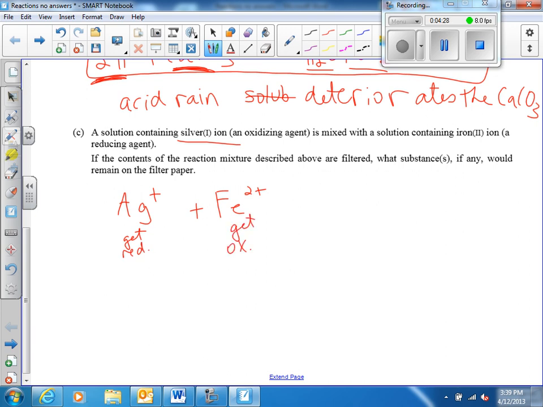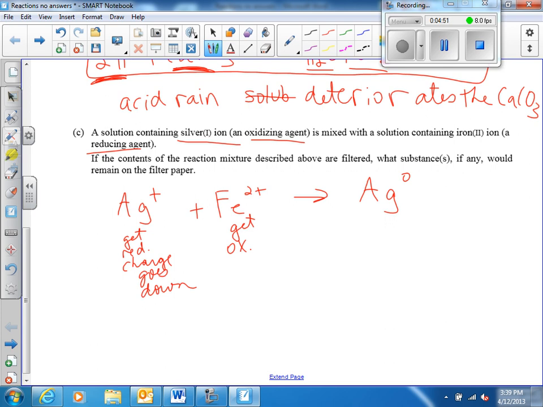They told us it is a reducing agent. Those are very important things here. They give you some information. Okay, to get reduced, the charge goes down. Well, if the charge of this goes down, the only other thing that silver can be is 0.